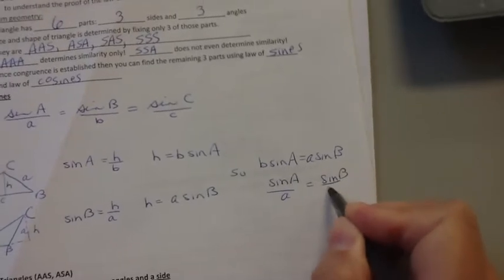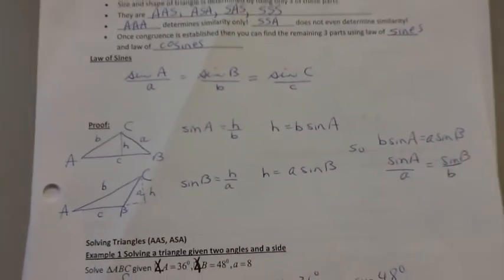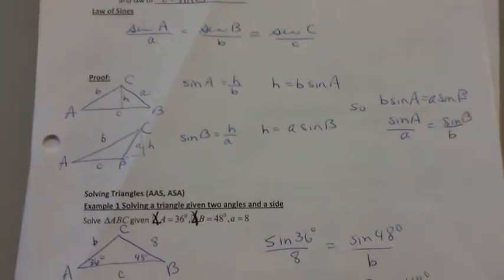So if I do this, I've got sine of B over b. That is the proof of the law of sines. You don't need to know how to prove it, you just need to know how to use it.